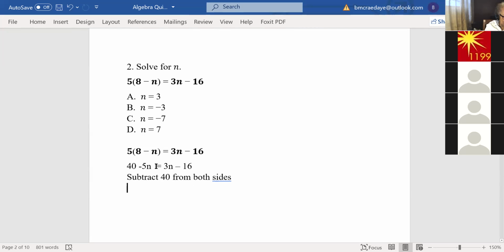Let's copy that and then do our subtraction. So 40 minus 5n minus 40 on the left, and then minus 40 on the right. So what do we get on the left side, Latoya? Minus 5n. And what do we get on the right side? 3n. Minus 16 minus 40 equals what?